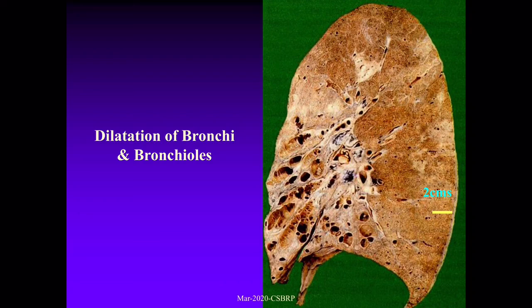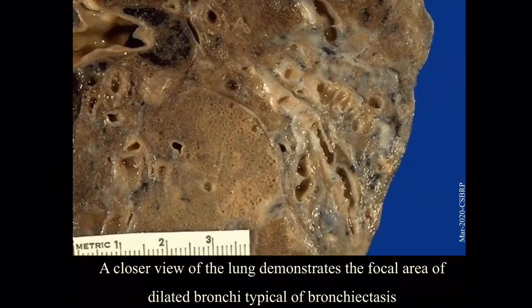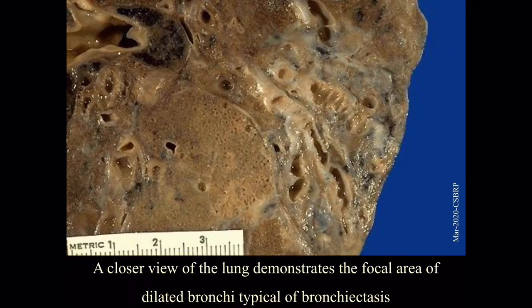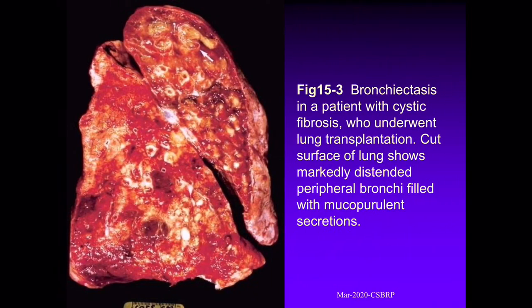If you go beyond that, it indicates an abnormally dilated tracheobronchial tree, which is the basis for bronchiectasis. Again, you can see dilated bronchioles going almost up to the surface of the lung.